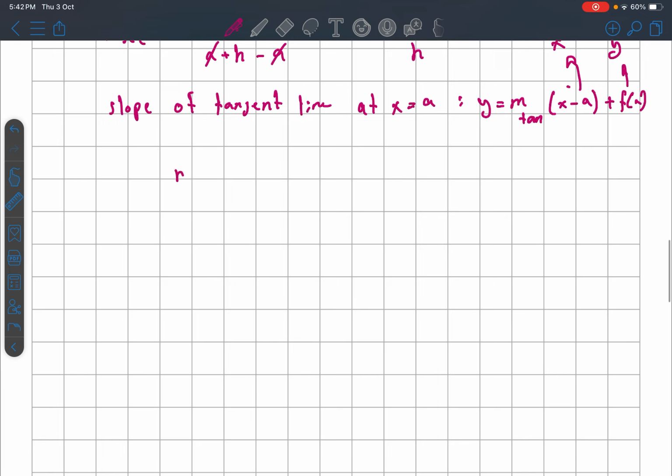Okay, so m tan equal the limit as h approaches 0 of f(a plus h) minus f(a) over h, if it exists.